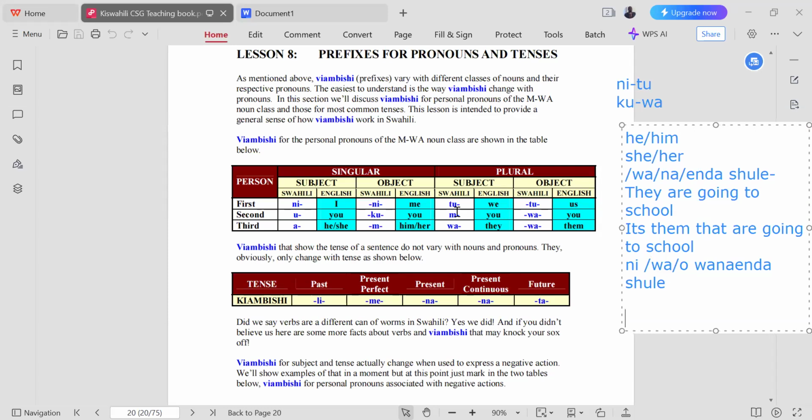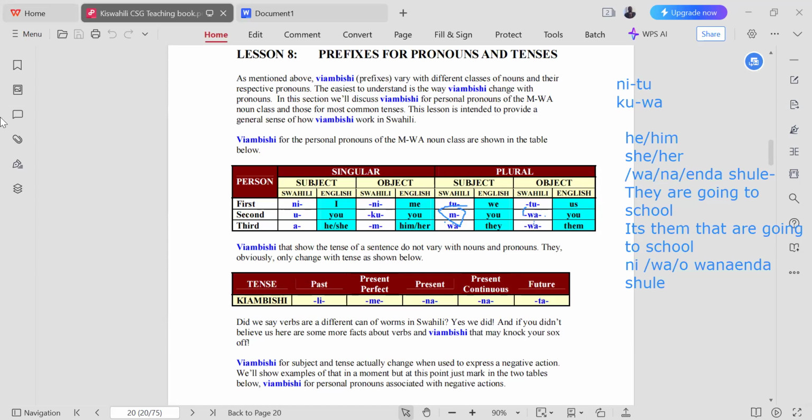Let me see if I can have the drawing as well. I think I have my pen here. I'm referring to this one, the one I'm trying to circle here. You can see that? Now here, we have M for the subject plural, which means you. And in object, it goes to wa, but still means you. Can you see that?